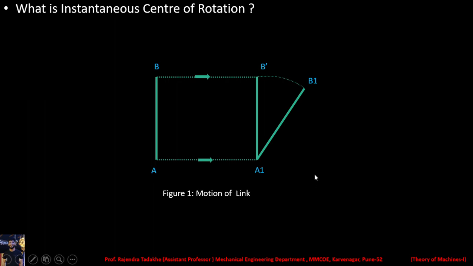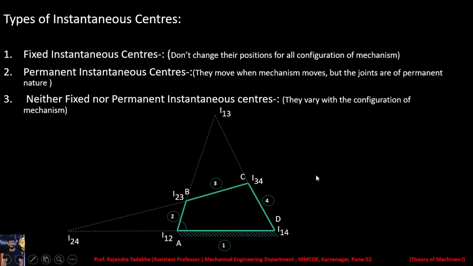Now next we will move to what are the different types of the instantaneous centers. Basically we are having three different types of instantaneous center. The first one is the fixed instantaneous center, then second one is permanent instantaneous center, and third one is neither fixed nor permanent instantaneous centers. Now just to define these three types, the name is enough.